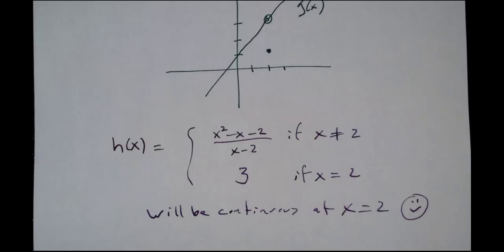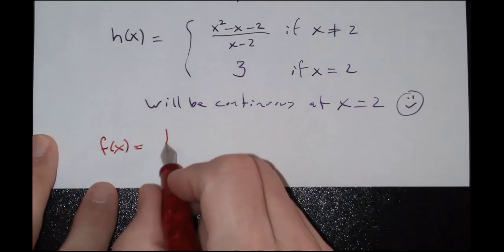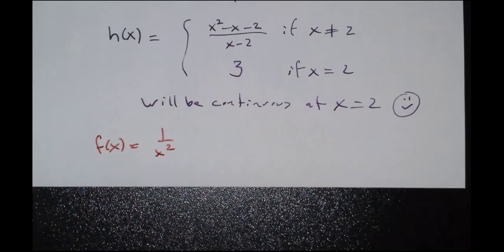Sometimes there isn't a way to fix it. Here's an example. Where is this function not continuous?